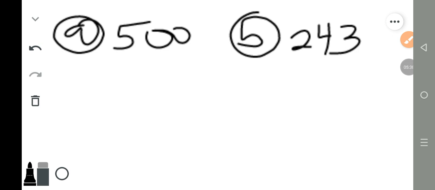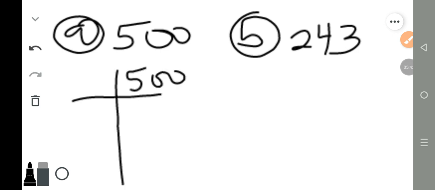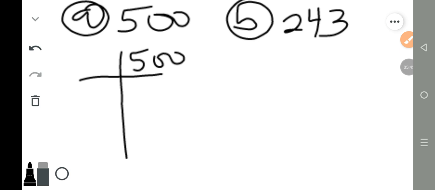Okay, so let's go for that. Now to find the prime factor of 500. The smallest prime number that can divide 500 would be 2. So 500 divided by 2 is 250. Again, the smallest prime number that divides 250 would also be 2.